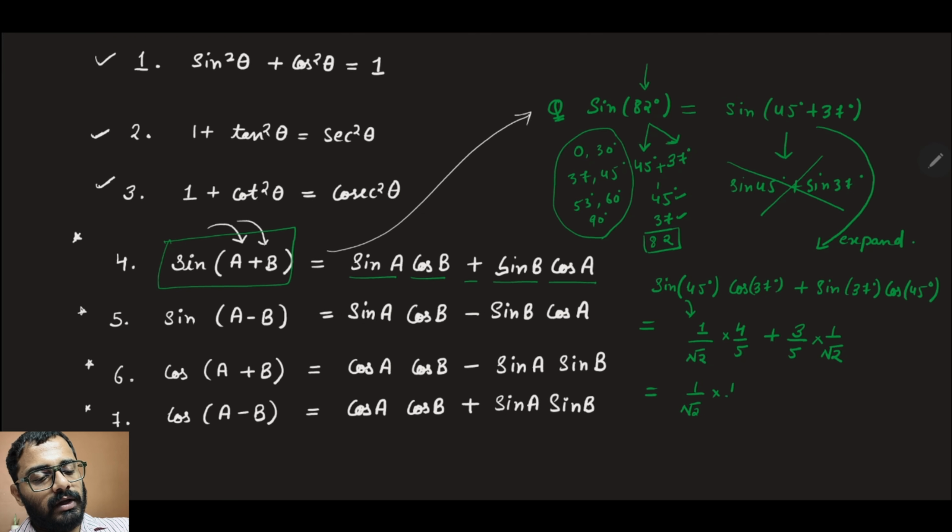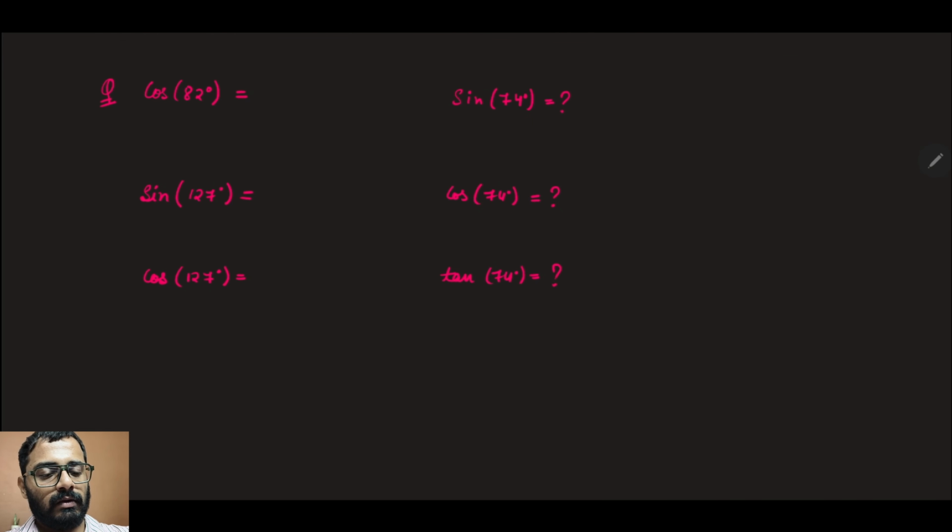So we have remaining 4 plus 3. Finally this will become 7 by 5 root 2. So this is going to be the value of sine of 82 degrees. This is how you have to find the values of angles which are unknown to you. So these questions, try it out.